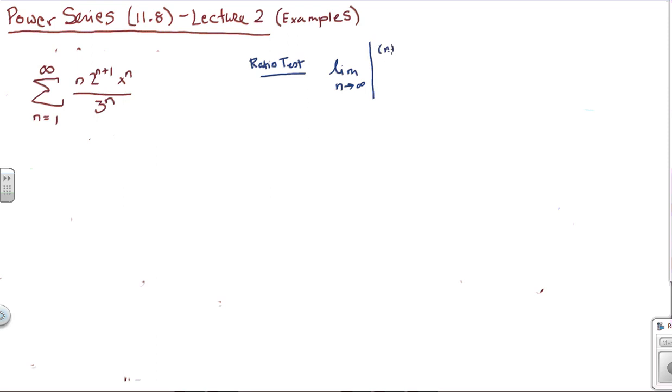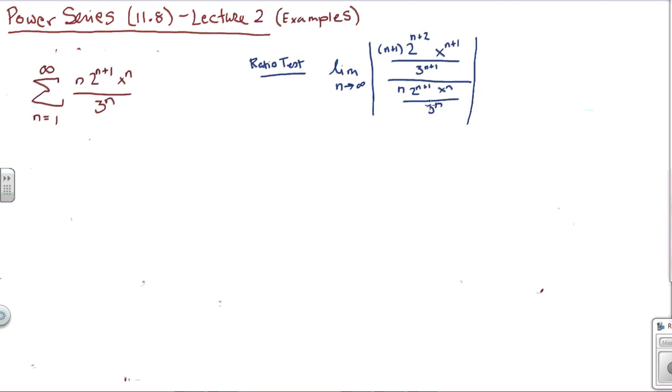So that's n plus 1, 2 to the n plus 1 plus 1, that's n plus 2, right? x to the n plus 1 over 3 to the n plus 1, so that's the n plus first term, and then over the nth term, so that's n, 2 to the n plus 1, x to the n over 3 to the n.